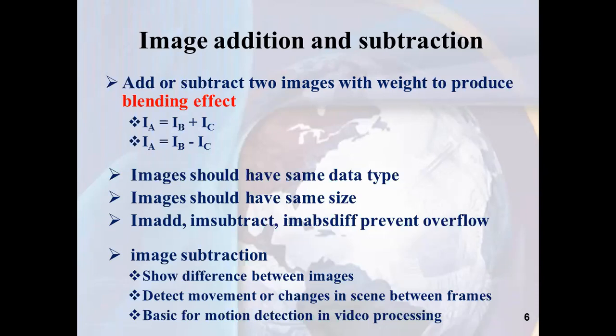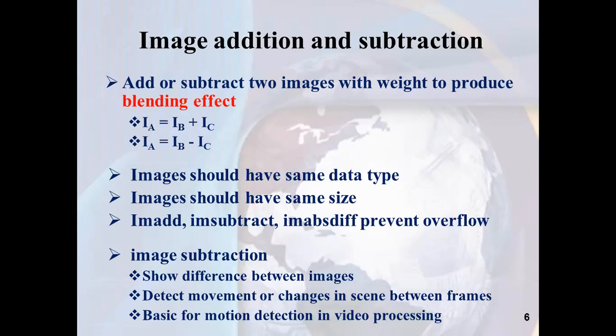And this application, the difference between images, is widely used to detect movement. So if I have an image and I want to see if there is any movement, I differentiate two successive images, taken for example from a video surveillance camera. If the difference is 0 for all pixels, it means we don't have any movement in the scene.